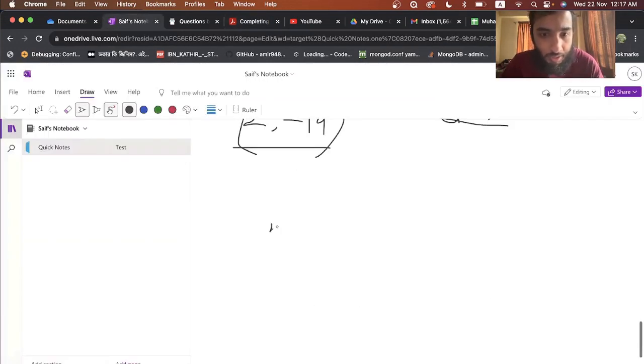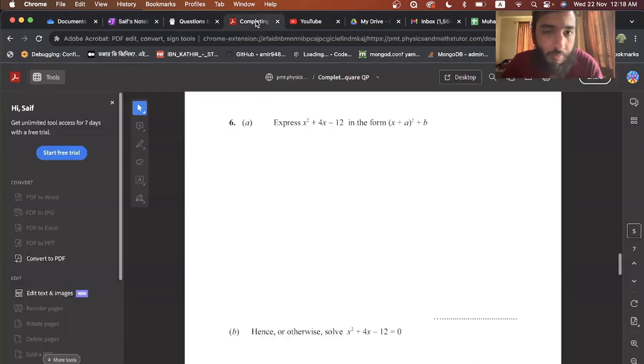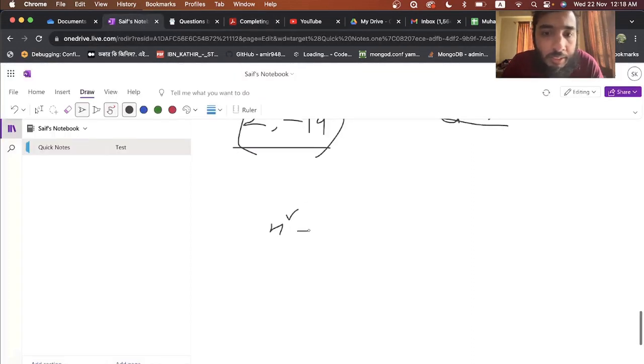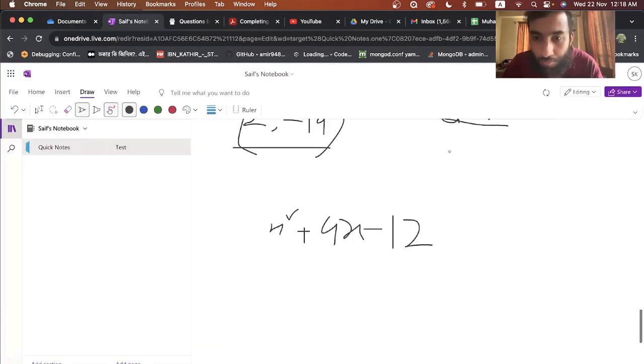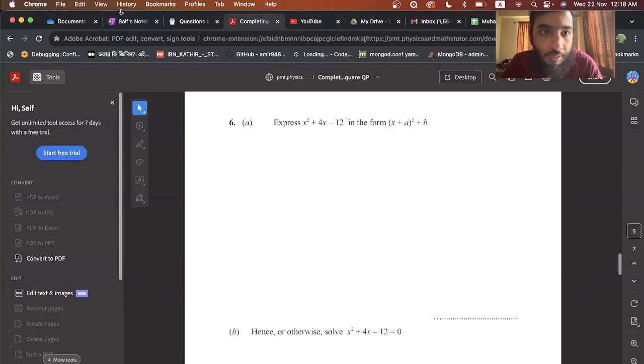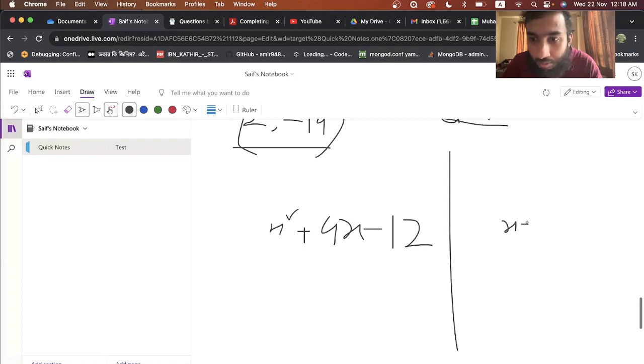So if I go through the procedure, let's say x square plus 4x minus 12 equals x plus a whole square plus b.